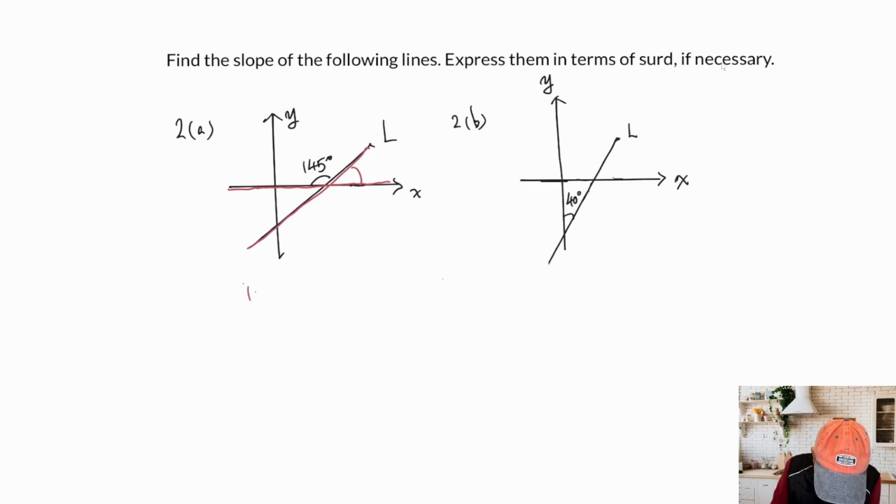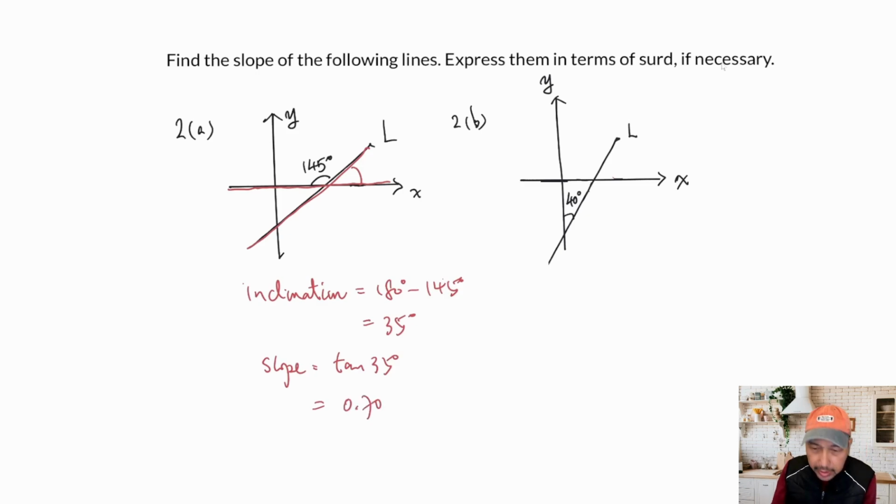So perhaps we can express the inclination first. That's 180 minus 145, so that's 35 degrees. So the slope is equal to tangent 35 degrees, and then the result is 0.70. Again, the answer is correct to 3 significant figures.